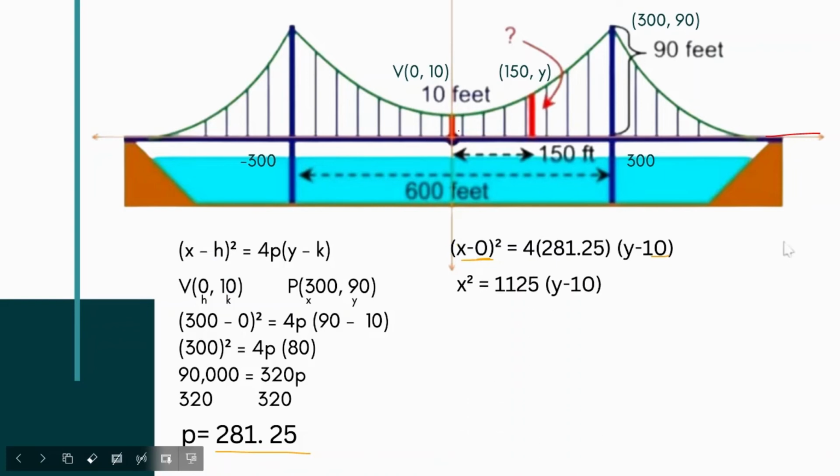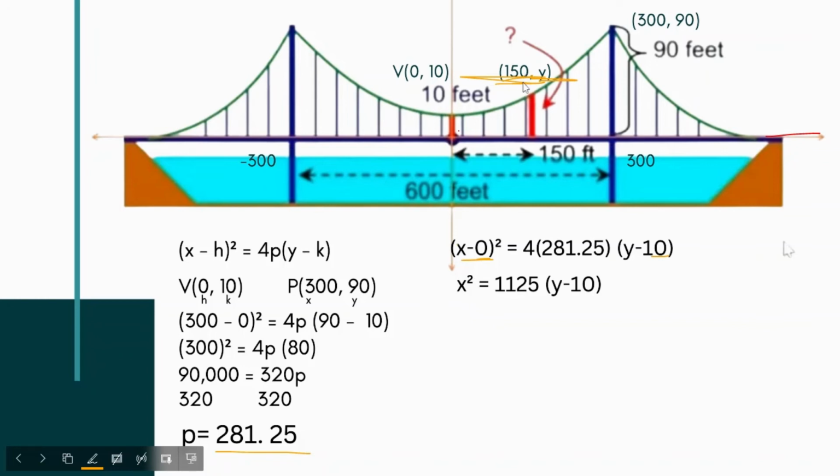So, x minus 0 squared equals x squared, and 4 times 281.25 equals 1,125, times y minus 10. Now we will use our x, which equals 150, and what we need to find is y, because the height is the y we are looking for.